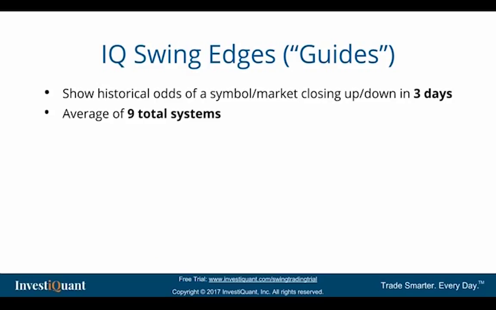There's 9 total systems. As I mentioned, 3 of each: acceleration, momentum, seasonality, and they all look at 1, 3, and 5 days, and they're different systems. So the 1-day acceleration system uses different readings than the 5-day. The 3-day seasonality system is based on completely different seasonality concepts than the 5-day or the 1-day.